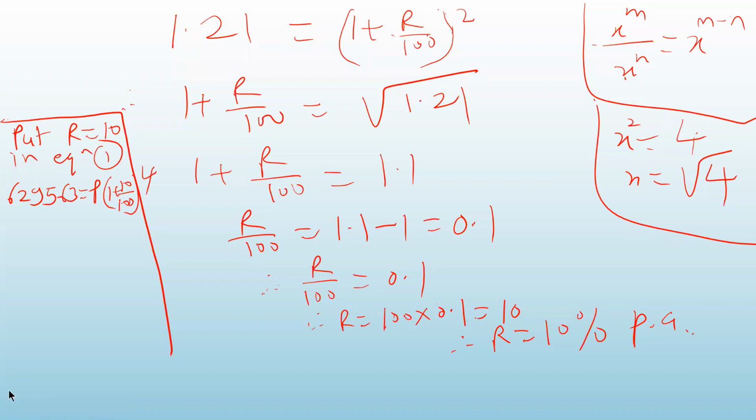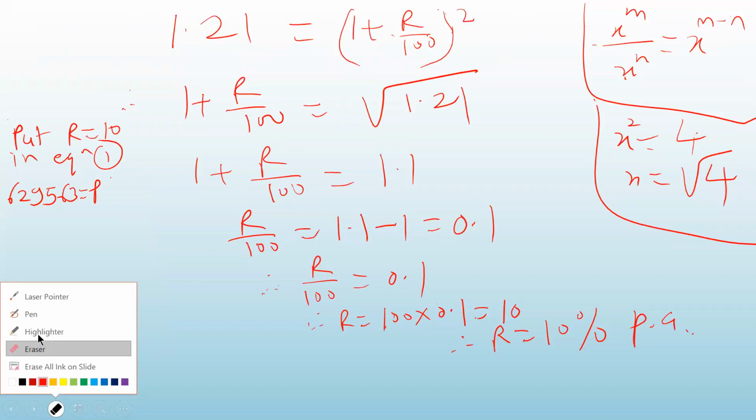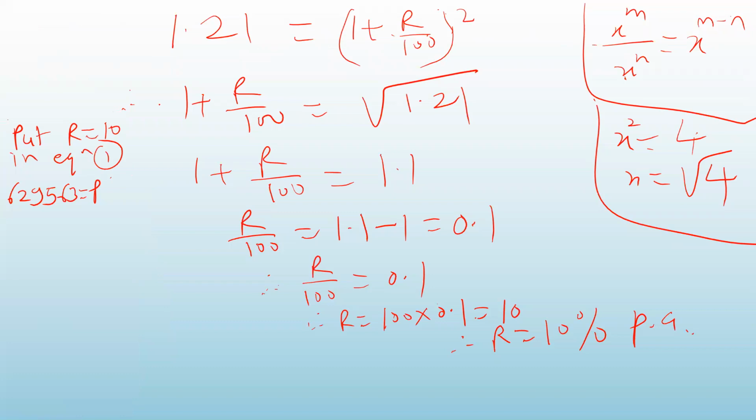Wait a minute, let me write this down neatly. So 1 plus 10 upon 100 will give you 1.1 raised to power 4.